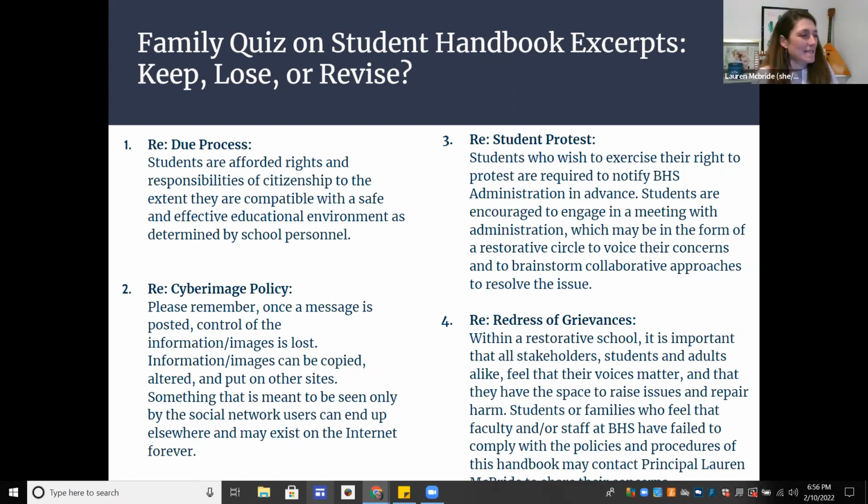I see number 1, keep. Let's see what else. Don't be shy, go for it. Number 3, keep. We need a number 2 and number 4, Lauren, before I can move on. Nice, another 3 and another keep number 3.